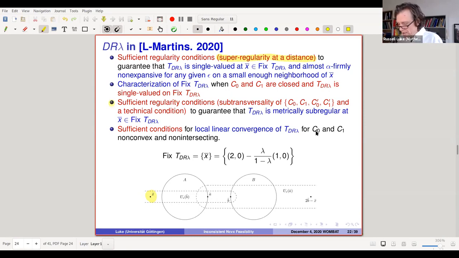Now, subtransversality of these two things, I'm quickly running out of time, so I'll have to really fly by those. But subtransversality of these two sets gets really complicated, and so we actually had to expand this to 4 sets. These 2 sets plus their images shifted by the gap. So it got quite involved.